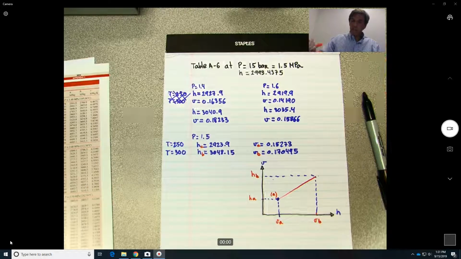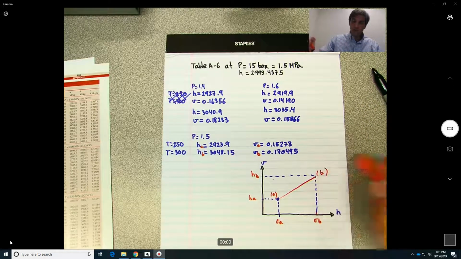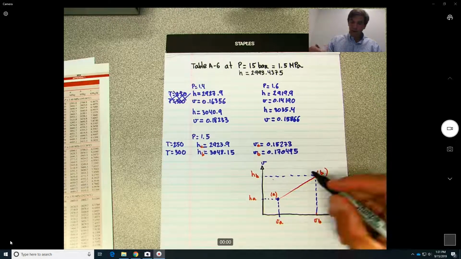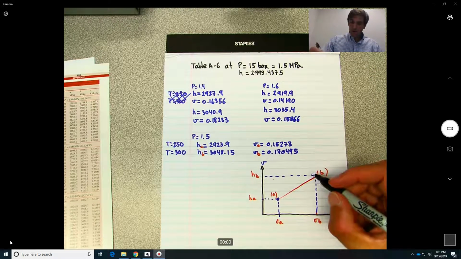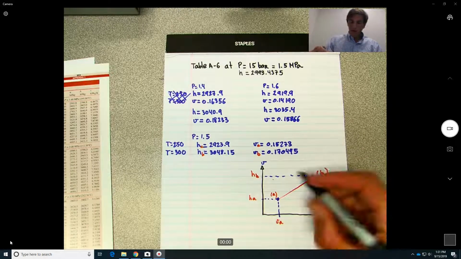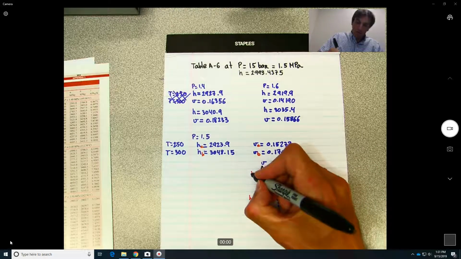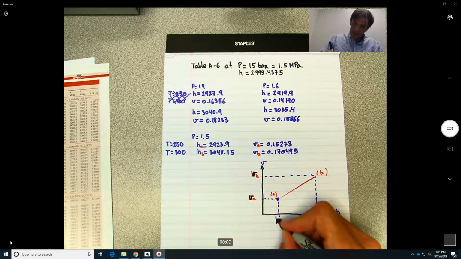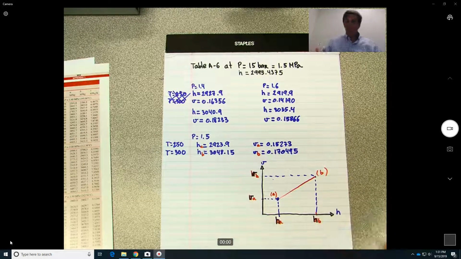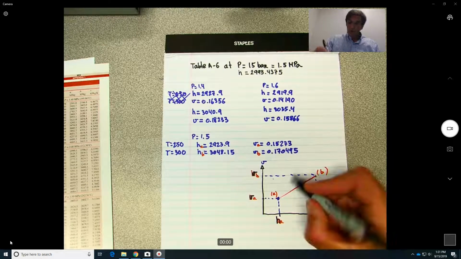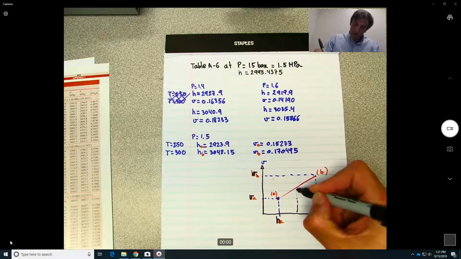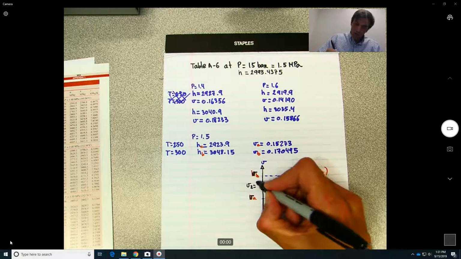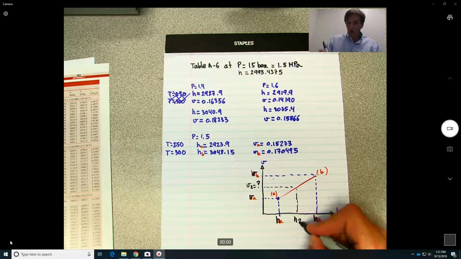So we do a linear interpolation, and we want to find the value. Oh, okay, I said something wrong. So this is VB, VA, HA, HB. Sorry for that. Okay, so we need to find the value here. What we're trying to find is V2, and we know H2.